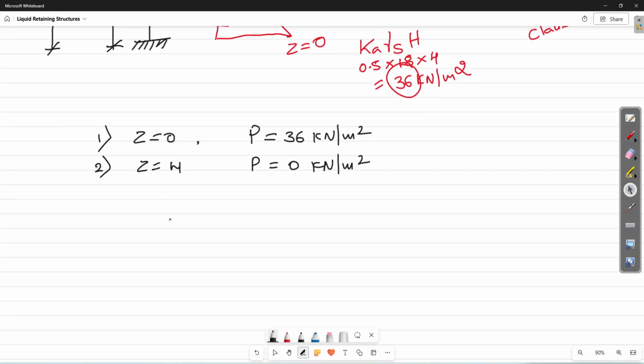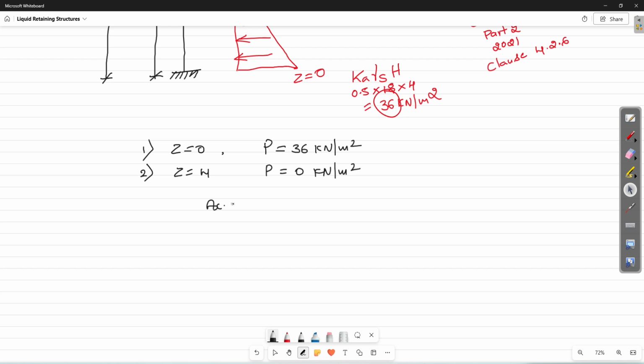So you know the equation: Ax plus By plus Cz plus D equals pressure. Here x and y are 0, so your equation will be Cz plus D equals p.